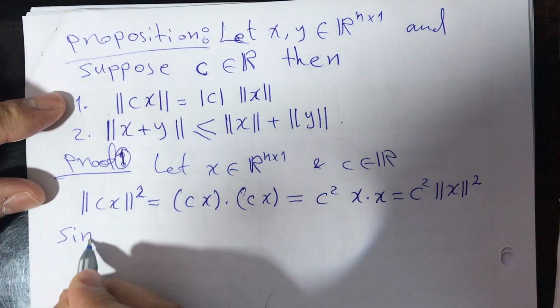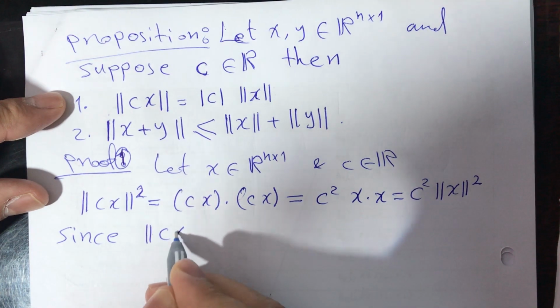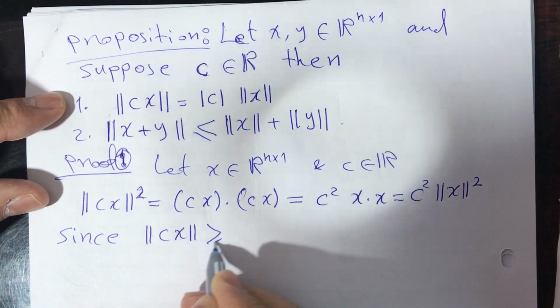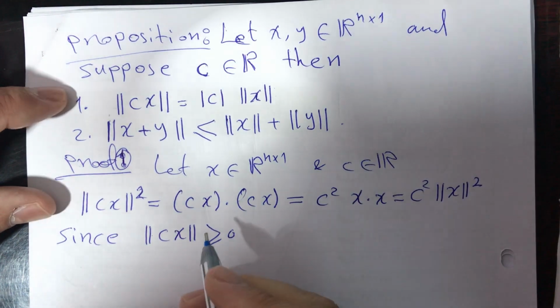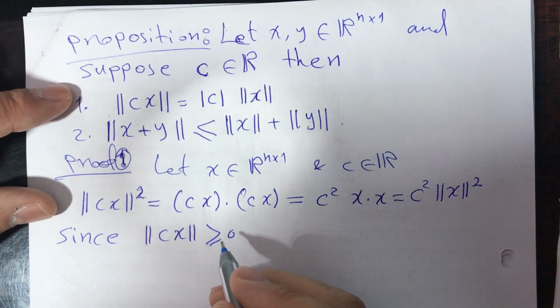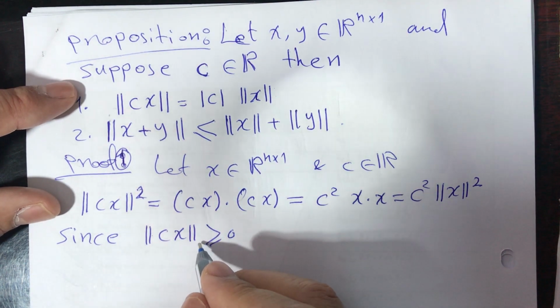Since the norm of cx is greater than or equal to 0, by definition of norm, it is always greater than or equal to 0.